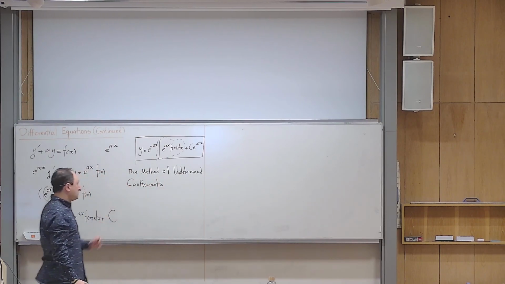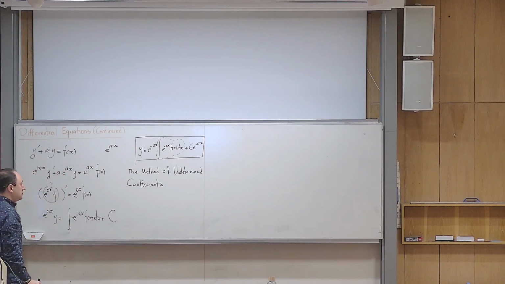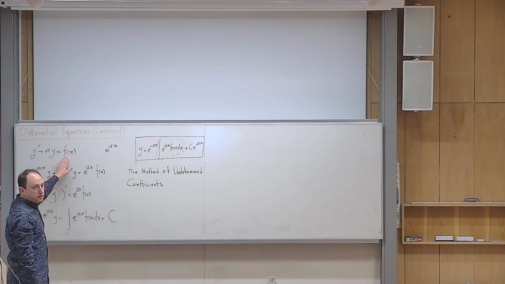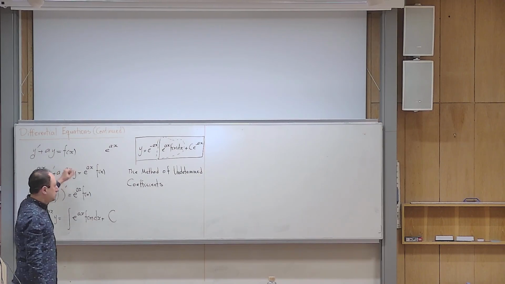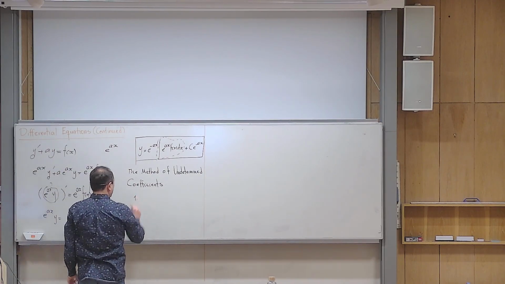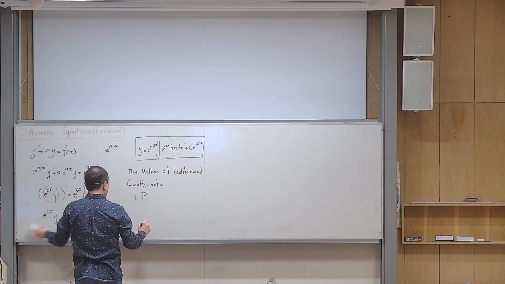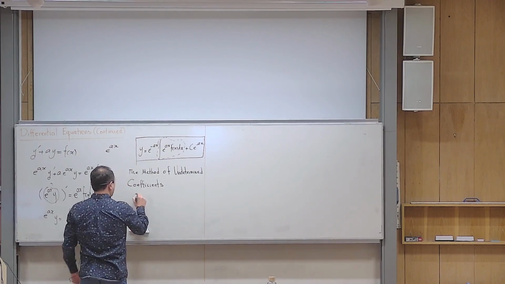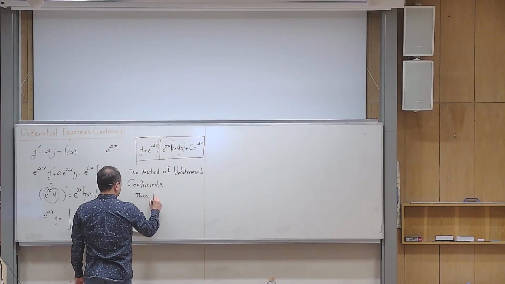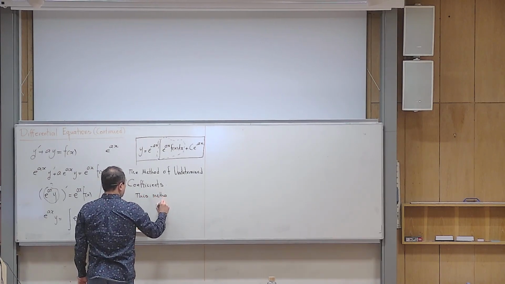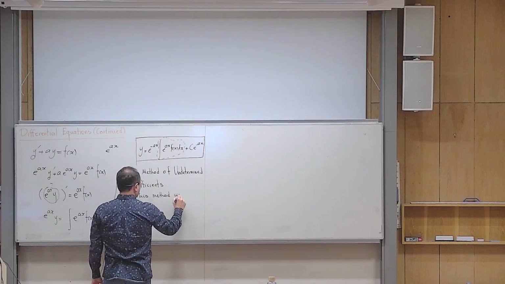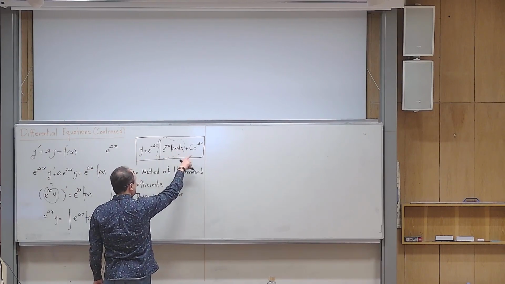Of course, it has its own limitations. It only works if this f of x on the right-hand side is of a particular form. Here, with the general formula, we don't have any limitations.